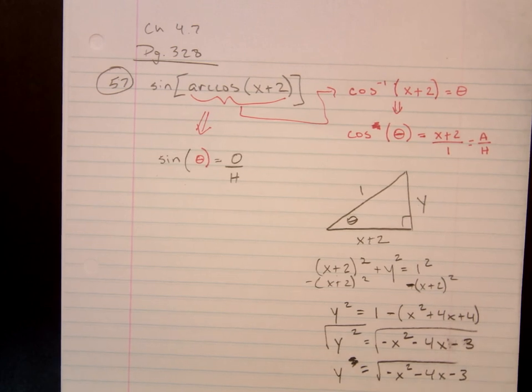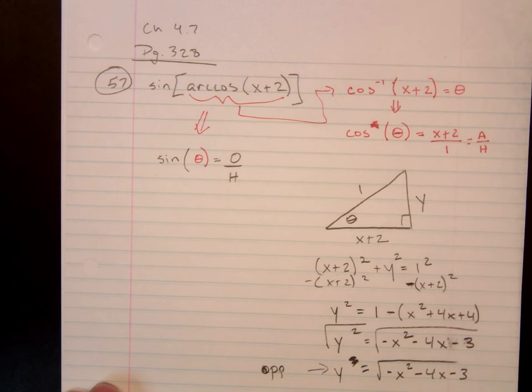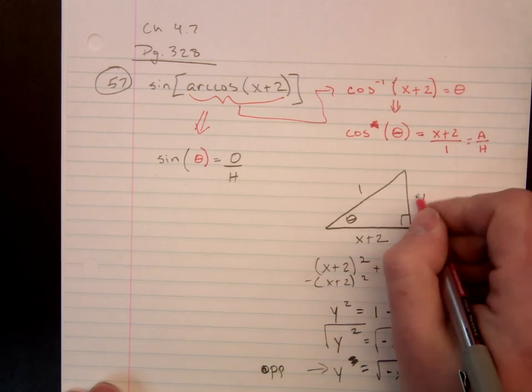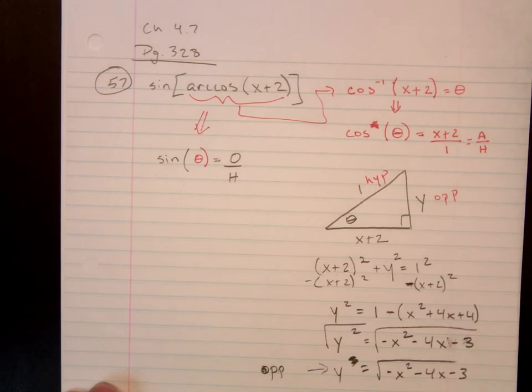So I now know that y, or in other words, my opposite side is equal to this. So again, this was the opposite side. I have the hypotenuse there, and I can simply plug it in.